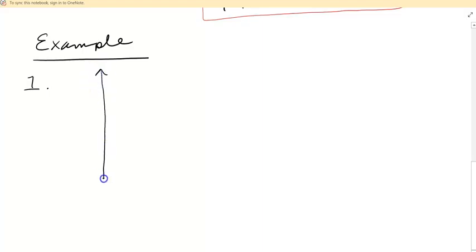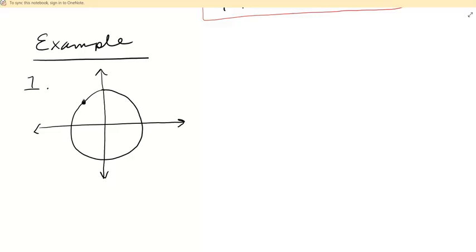So we're going to draw a unit circle, and I'm going to put a point on this unit circle out here in quadrant 2. I'm going to call this point P, and it has the coordinates of, let's see, clearly it's in quadrant 2, so the x has to be negative, so we're going to make that negative 1/2. And we'll call the y value square root of 3 over 2.